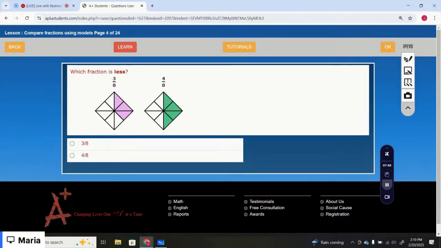Okay, great. Which fraction is less? 3 by 8 or 4 by 8. Which is less?